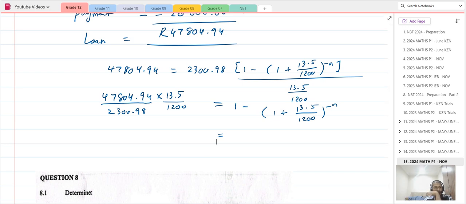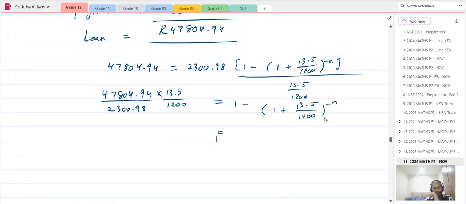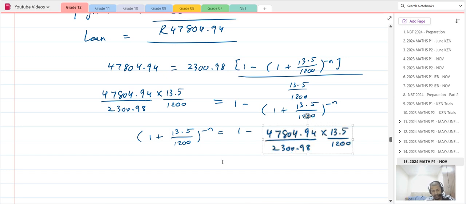right, and use logs. So obviously if you take this to the other side, it's going to become positive, right, and 1 minus, I'm just copying and pasting here, and then this one here you're going to minus, and then you have to apply logs. Let's get some decimal values here, full decimals please.